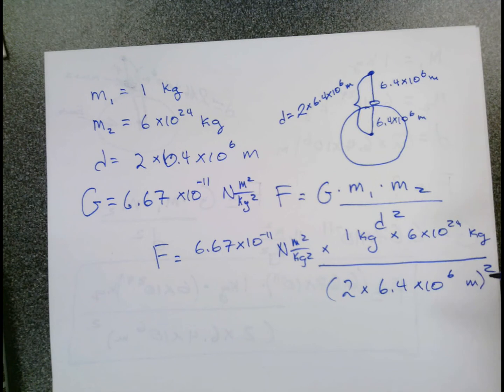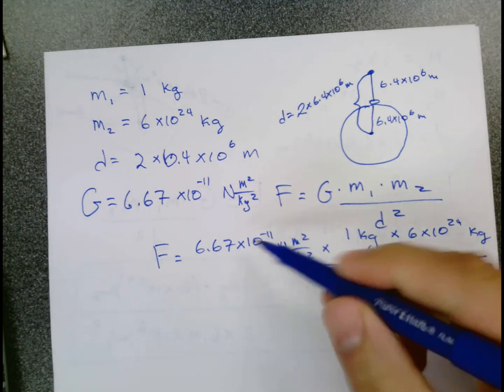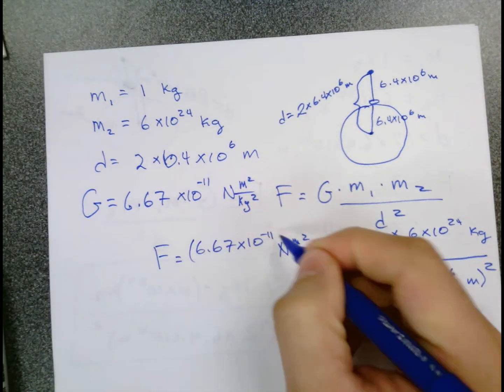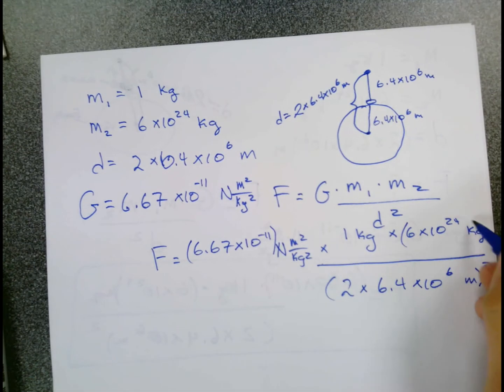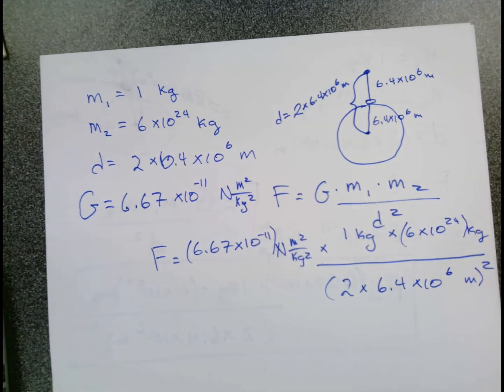When plugging this into the calculator, it's really not hard to plug these in here, but you'll have to make sure you have the parentheses in the correct place when plugging it into the calculator.